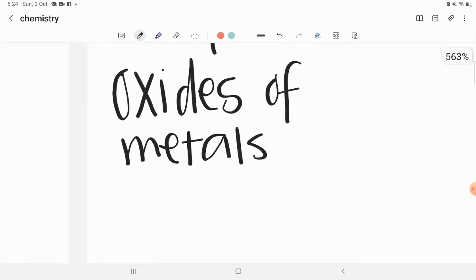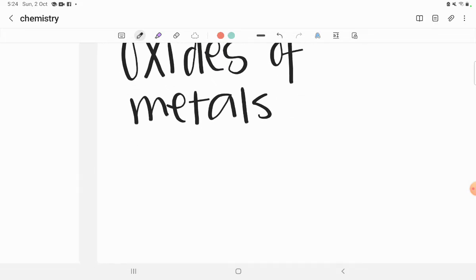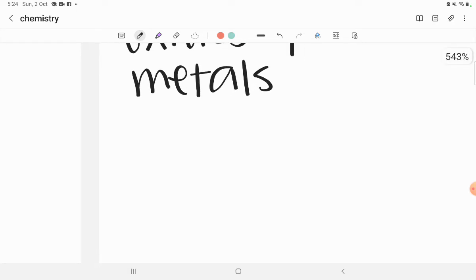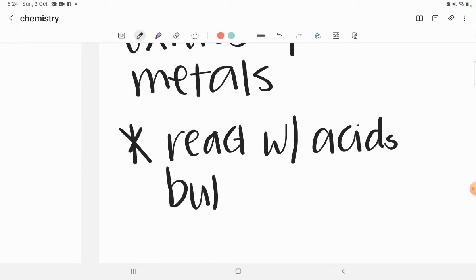It's anything but three metals, and these three metals I'll cover later, in a few minutes. Something to note about basic oxides: they react with acids but not alkali.